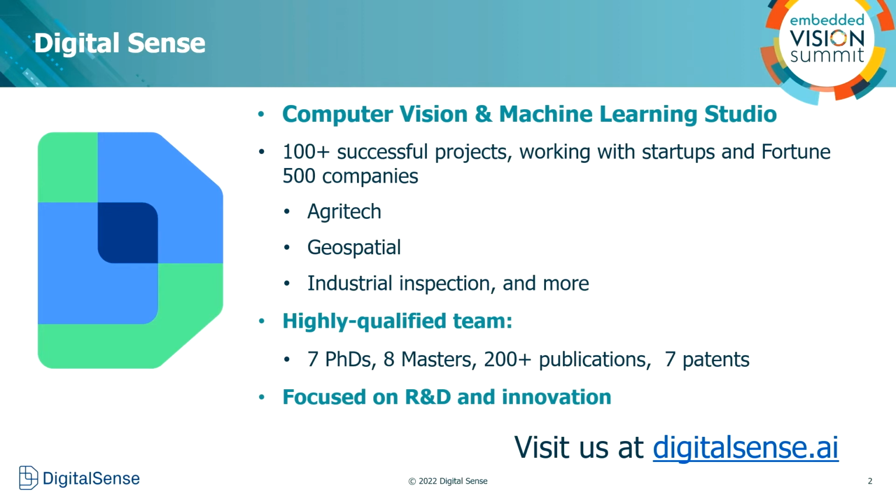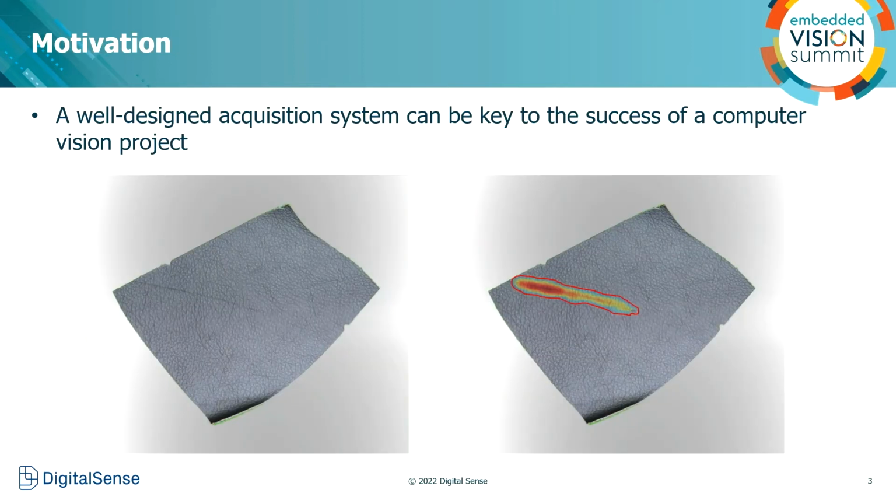We have a highly qualified team that includes 7 PhDs and 8 masters that have produced over 200 publications and 7 patents. This is the team that enables us to be focused on R&D and innovation. That's where we provide value. And I invite you to visit us at digitalsense.ai, our website, in case you want to know more about us.